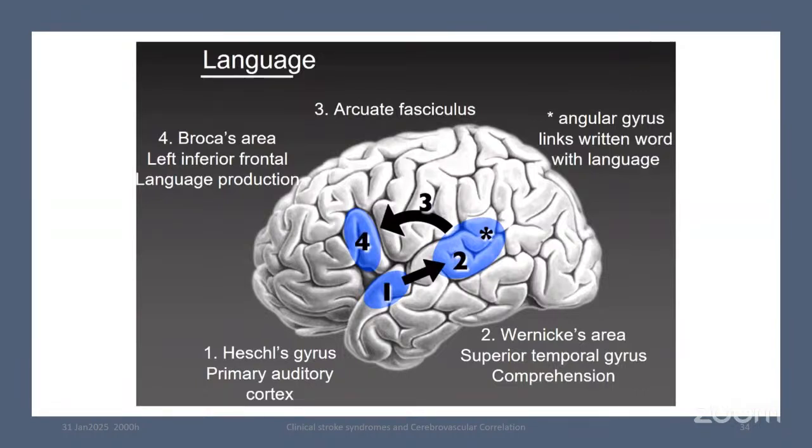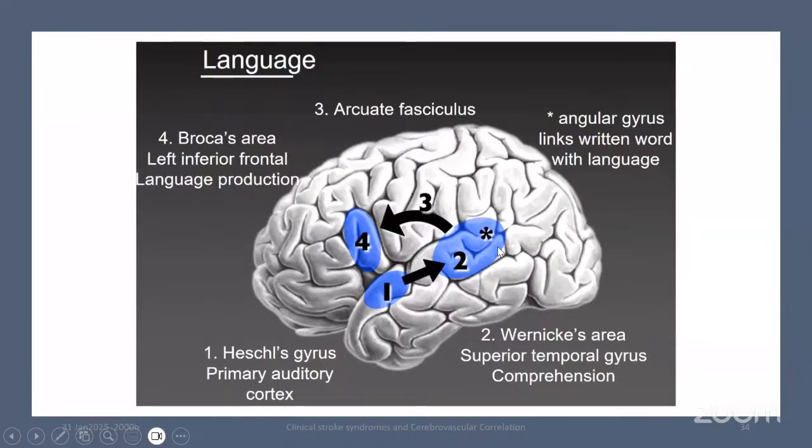Now we'll go to language, which is very important, and the most important is Heschl's gyrus, which is the primary auditory cortex where you get all the auditory inputs. Then Wernicke's area, which is in the superior temporal gyrus, is important for comprehension. If comprehension is disturbed, you'll have a language disturbance called Wernicke's aphasia.